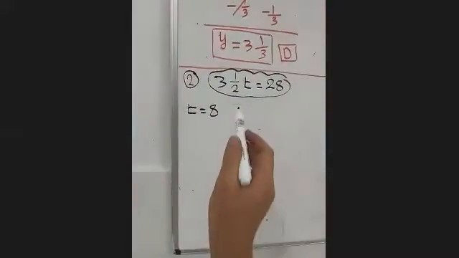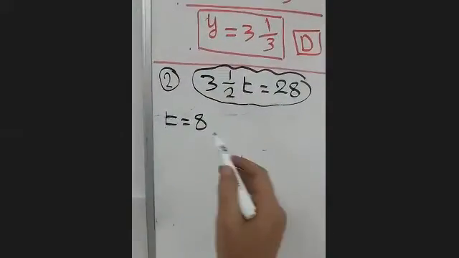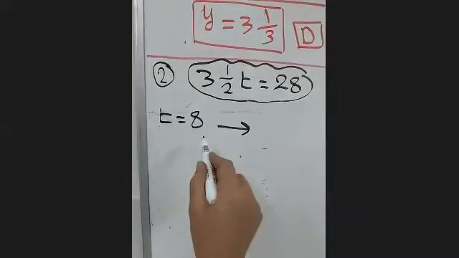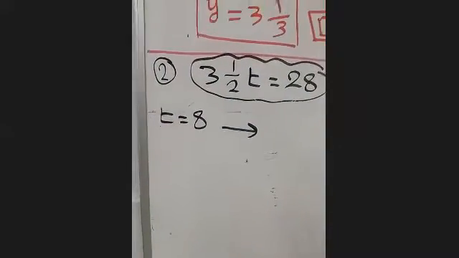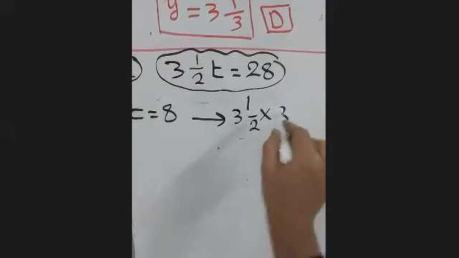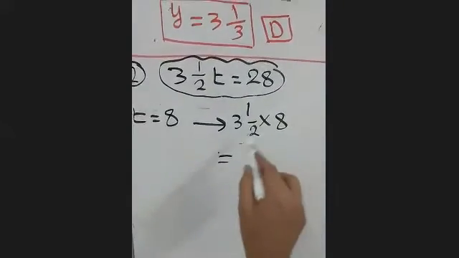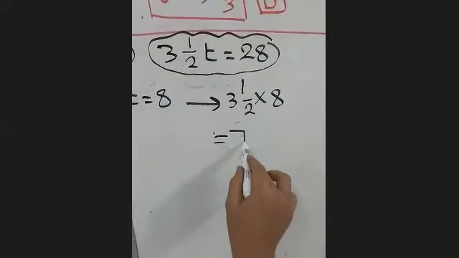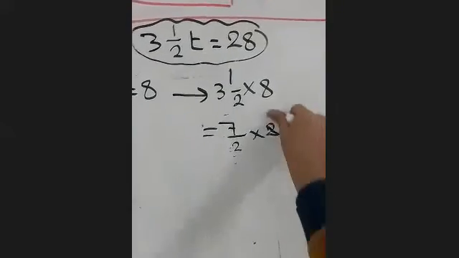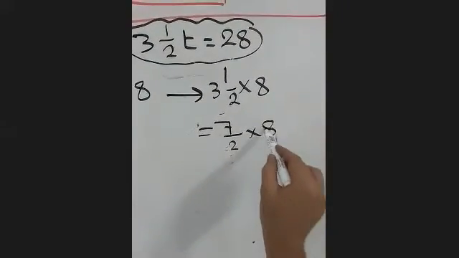So this is the guessing. Let's check the 8 now. How do we check the 8? Replace t by 8. So it will be 3.5 multiplied by 8, which as a fraction is 7 over 2 multiplied by 8 over 1.